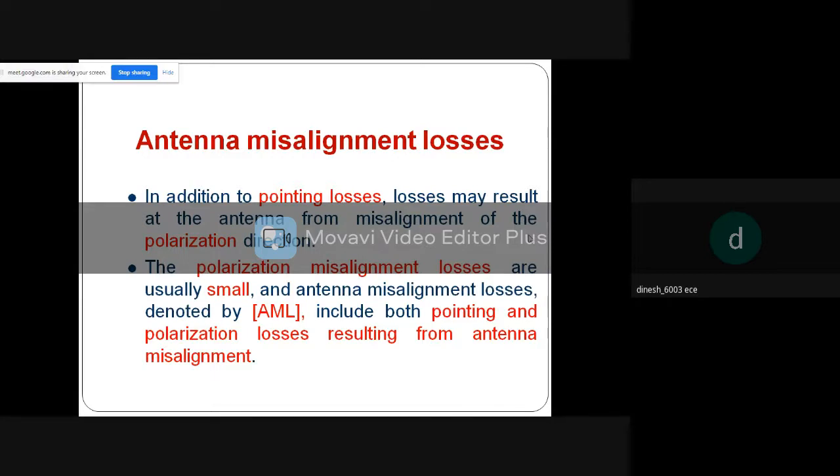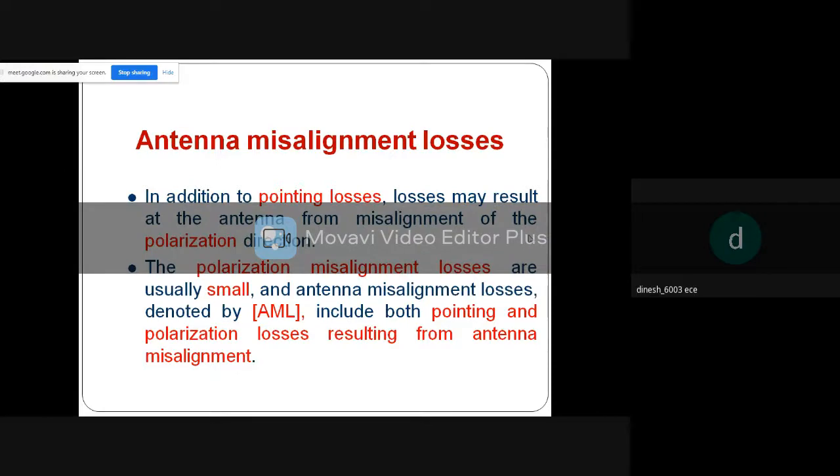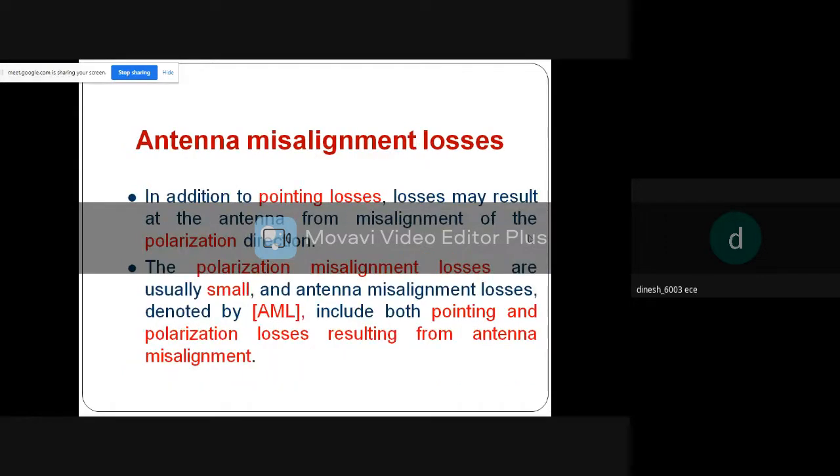So this antenna misalignment loss will have both pointing and polarization losses, which together give the antenna misalignment loss, which we write in short as AML. So antenna misalignment loss will have two things: one is antenna pointing loss, and the other is antenna polarization direction loss.